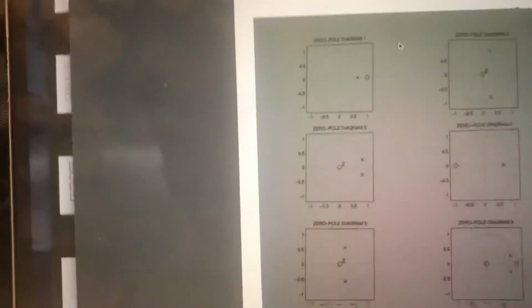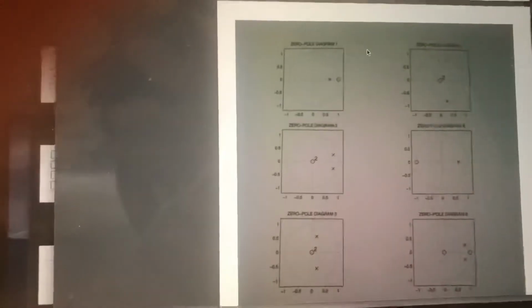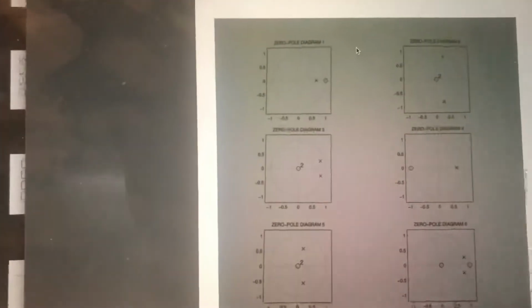Then let's look at Z2, Z3, and Z5. The difference between these 3 graphs is mode and angle. We know that big angle corresponds to high frequency, so the length between those poles is quite large.